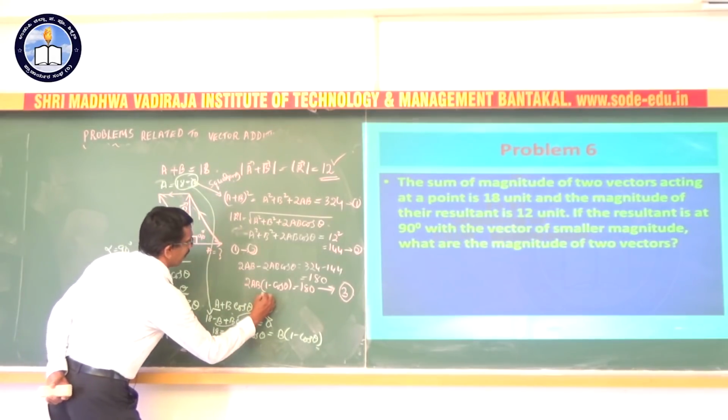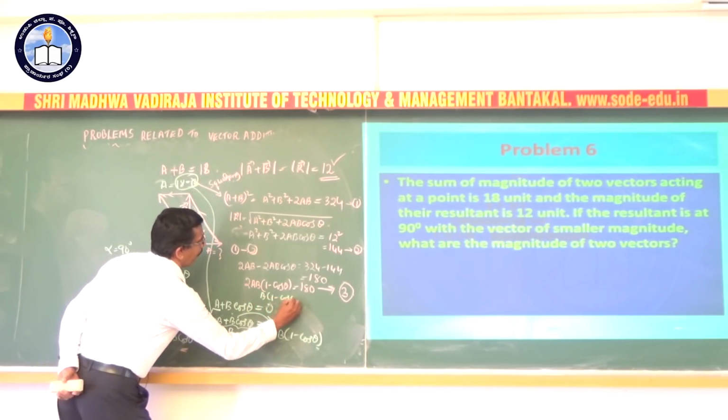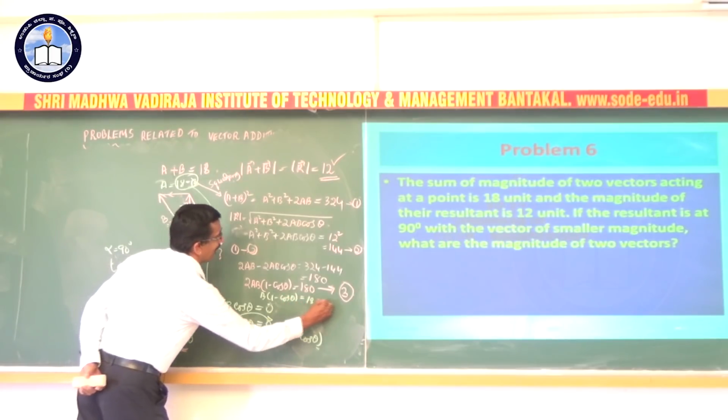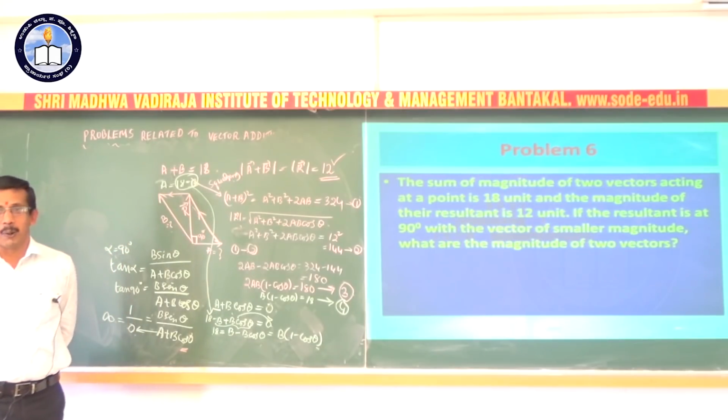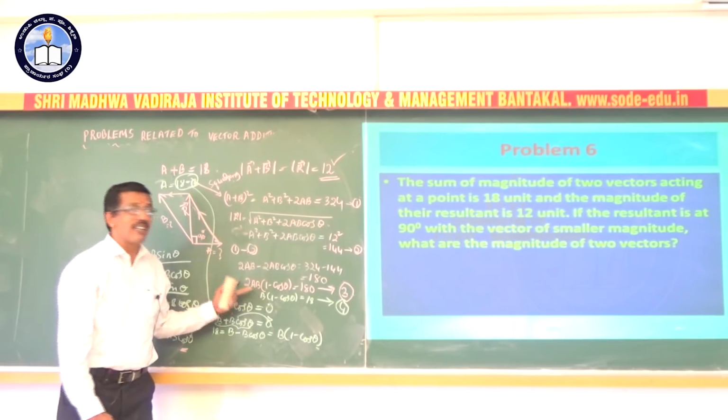That I will write here: B into 1 minus cos theta is equal to 18. Call it equation 4.